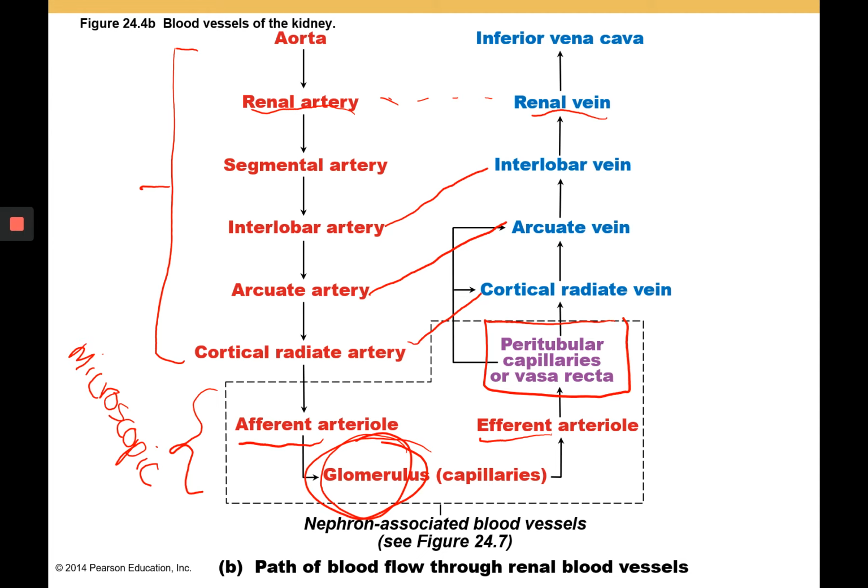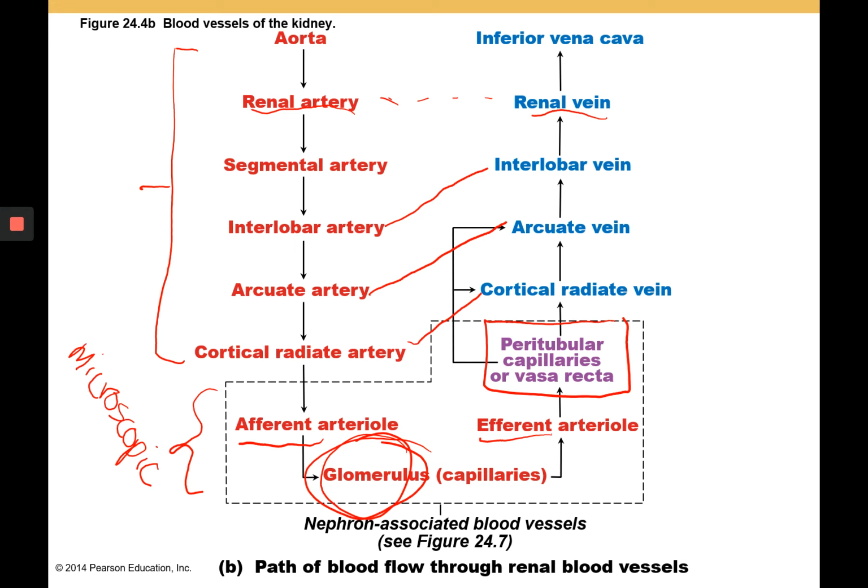I'm just going to list these so you've heard the terms probably for a fifth time now, but this is the vasculature of the kidney. Aorta, renal artery, segmental artery, interlobar artery, arcuate artery, cortical radiate artery, also known as an interlobular artery.